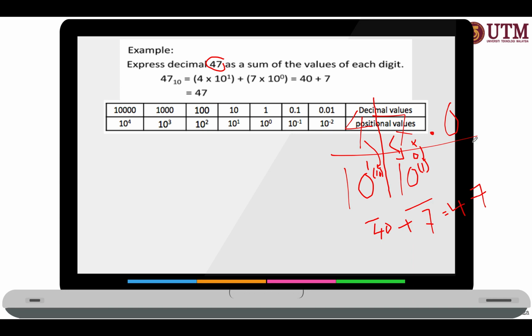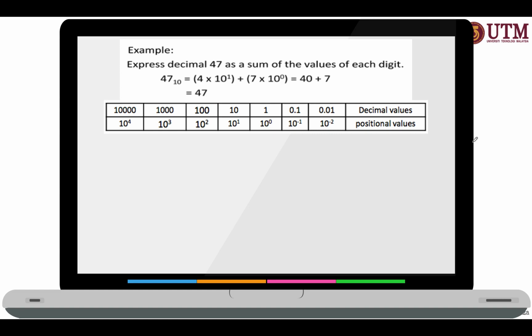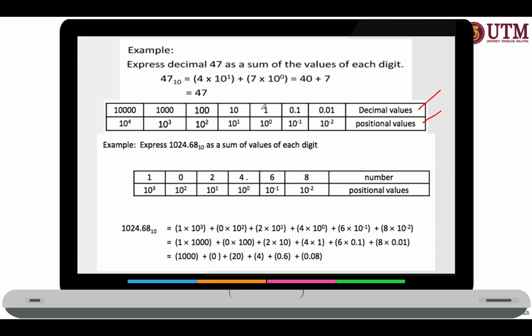So this is the table. Over here you have the decimal value and also the positioning. Now we see the calculation part. The example, let's say we have 1024.68 base 10. How we measure it is over here. We have 6 and 8 for the negative side, starting from this point.